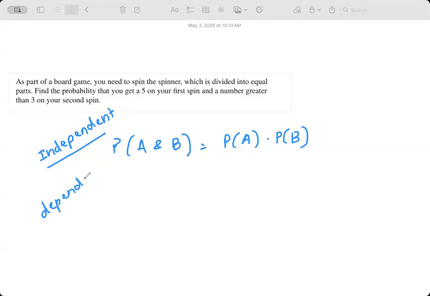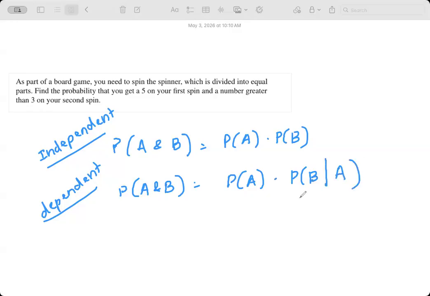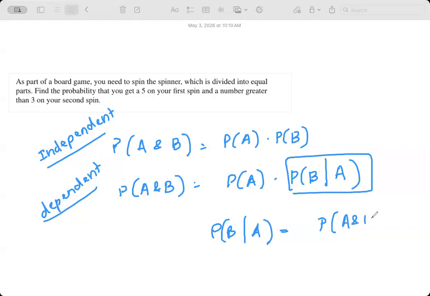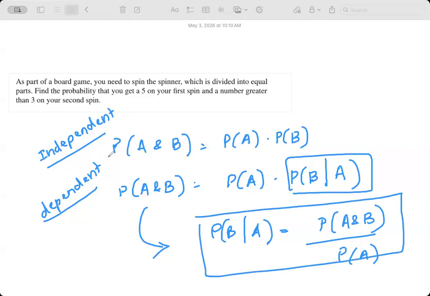In case of dependent events, that becomes conditional probability. P of A and B will be equal to P of A times P of B, considering A has already occurred. This is conditional probability. So conditional probability of one event, assuming the other has occurred, will be P of A and B divided by P of A. You need to remember this and this. This is for independent and dependent events.